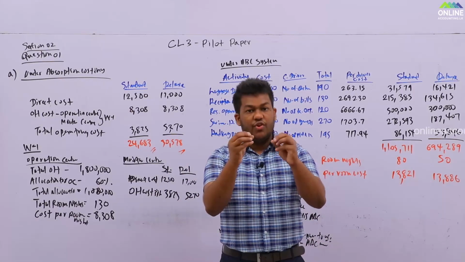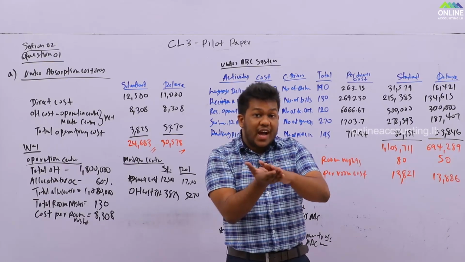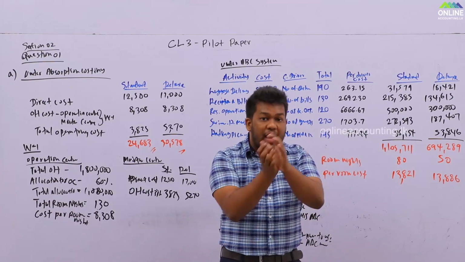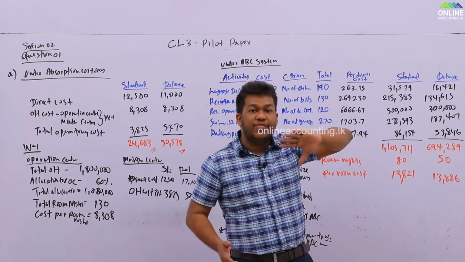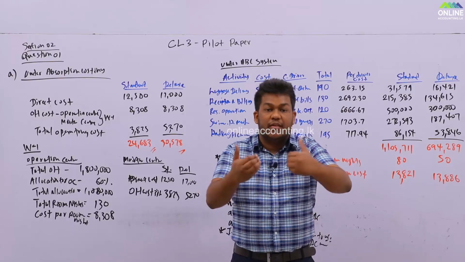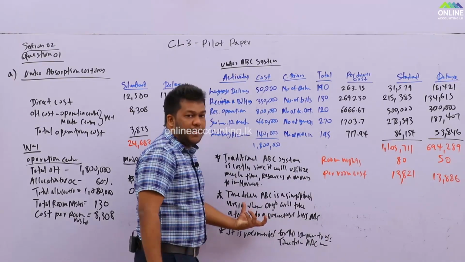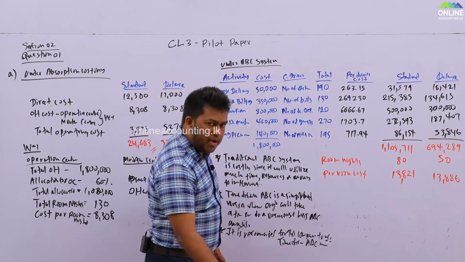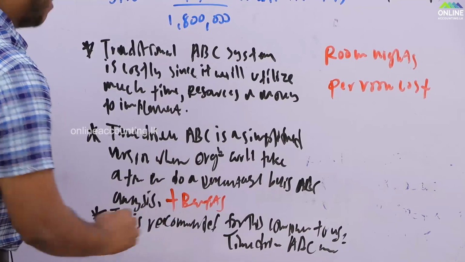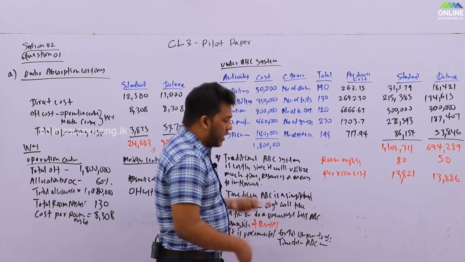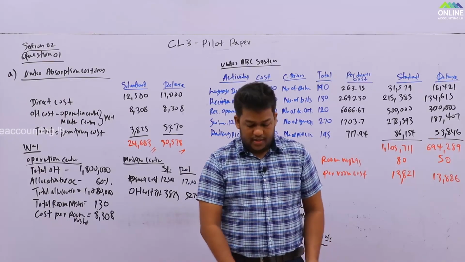First of all, you have to tell the weakness of the current traditional ABC, because they are asking to select time-driven ABC over traditional. So you have to tell the weaknesses of the old one and the benefits. You also have to tell what time-driven is, and it is better to include some benefits also. Then you have to recommend whichever model you are recommending. Right, so that is done.